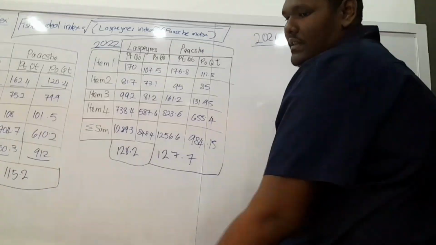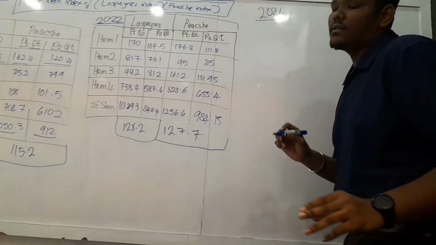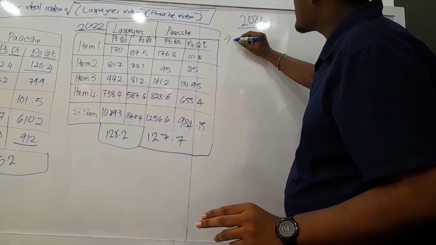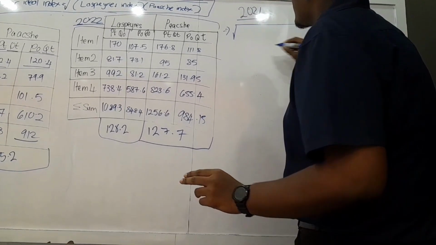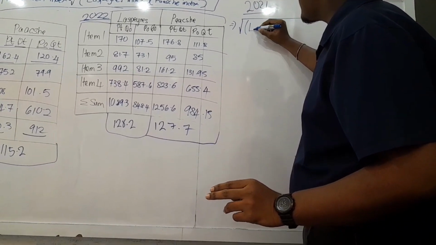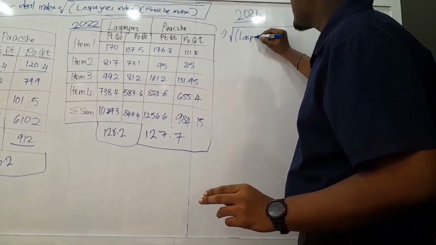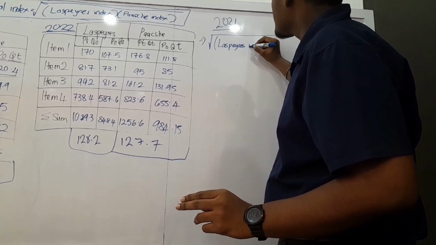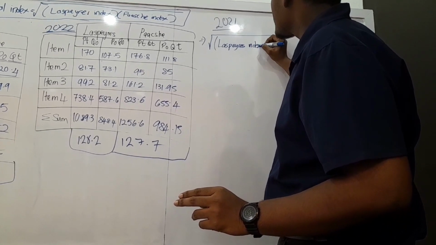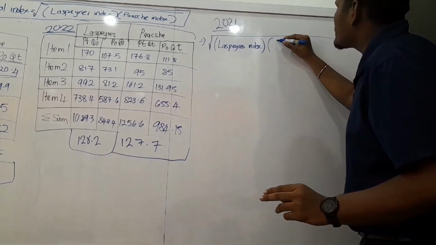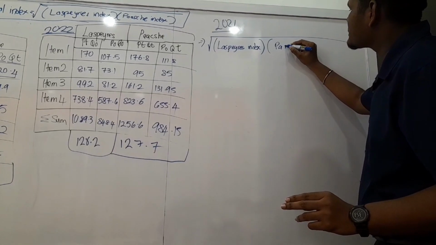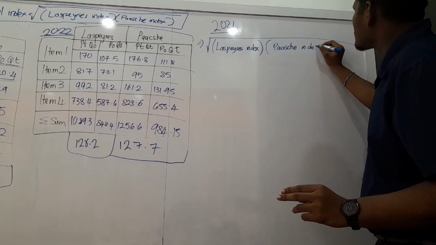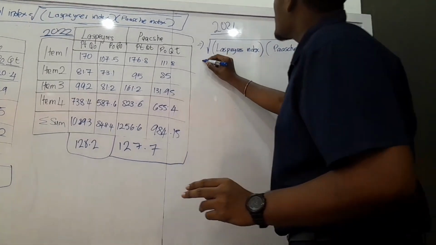First and foremost, as I usually say, write down the formula: the Laspeyres index and the Paasche index.